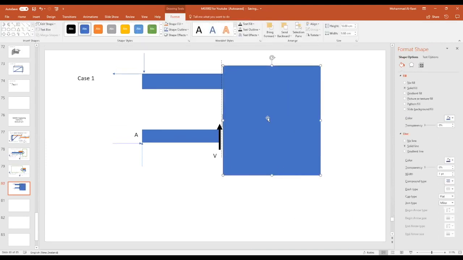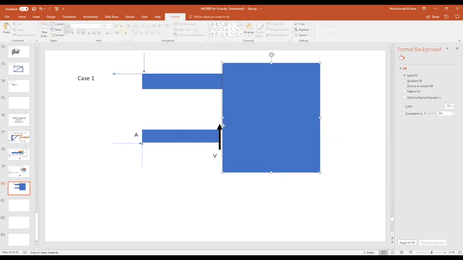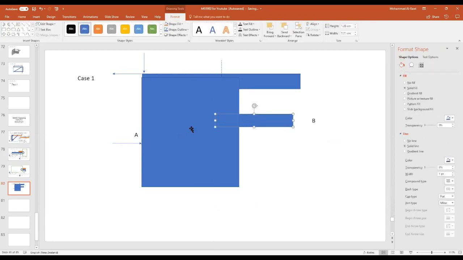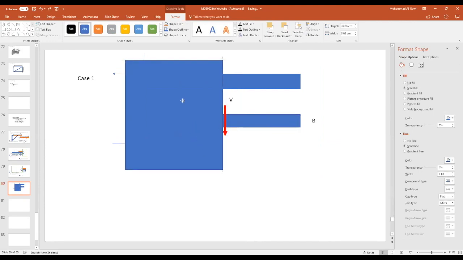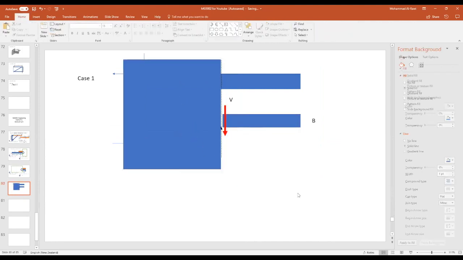So when you cut it from one end, you should get that scenario, or when you cut it from the other end, you should get the other scenario. And that's exactly why you get a negative answer, because it's opposite to the other direction in which the shear force is applied.